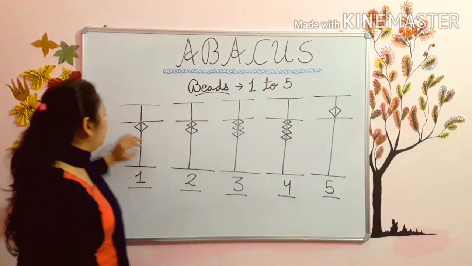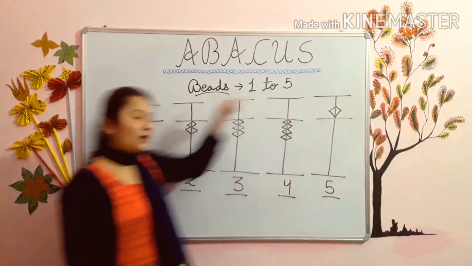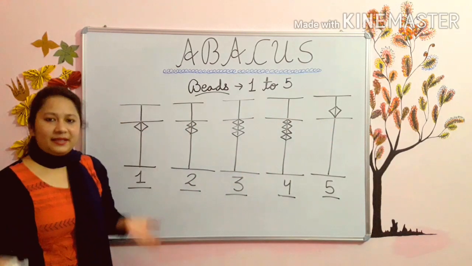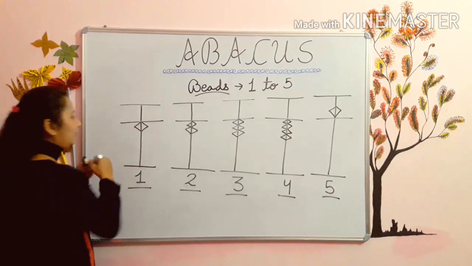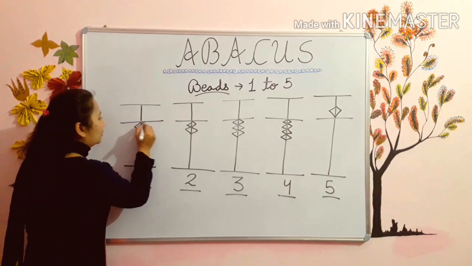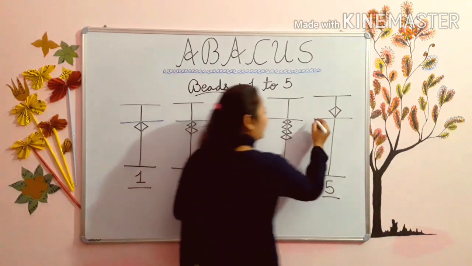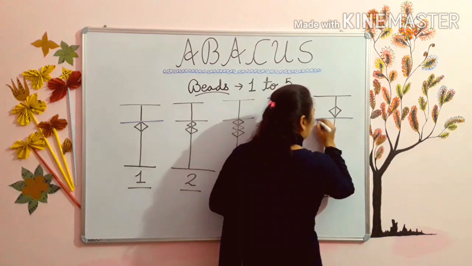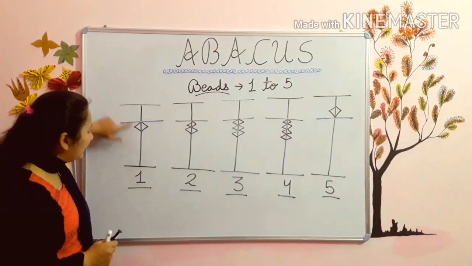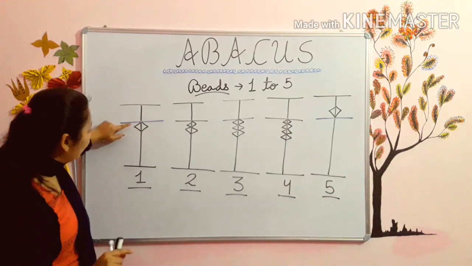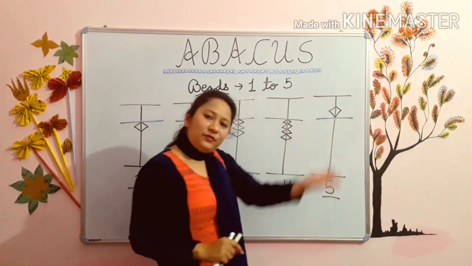Now see what is the difference between this beat and this beat. Can you see this line? See, this beat is below the line. This beat is above the line.